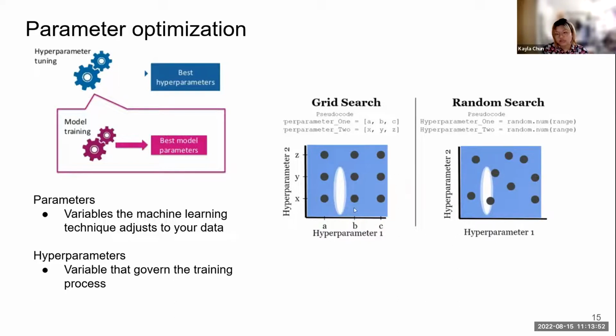In this figure, the white area is what we would consider the optimal parameter range. As you can see, sometimes if you do a grid search, it'll miss it. That's why sometimes we want to start off with a random search where you randomize the 2 hyperparameters and see if you get one kind of close to the optimal range.